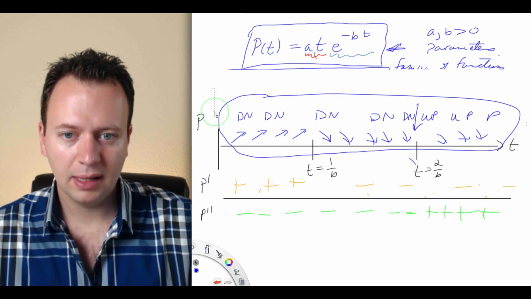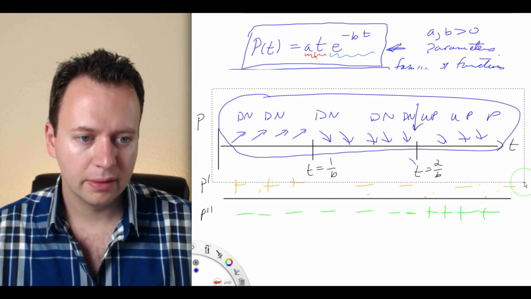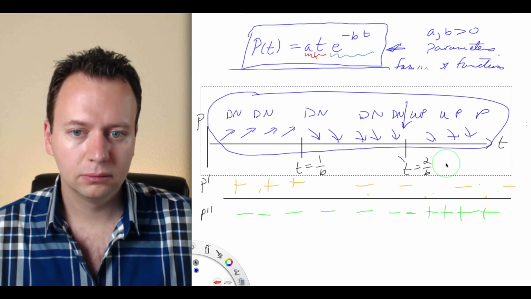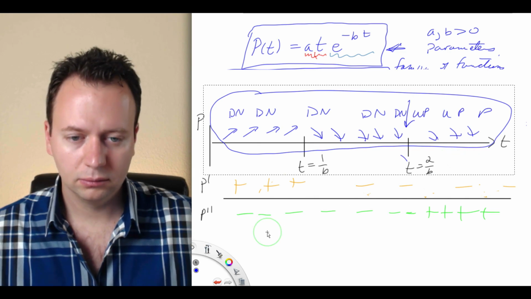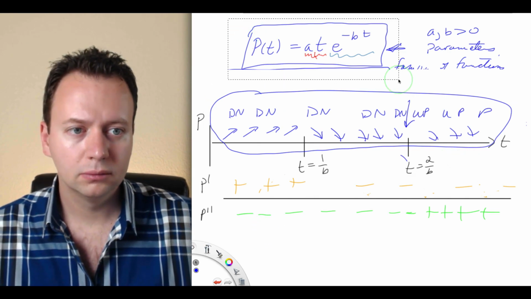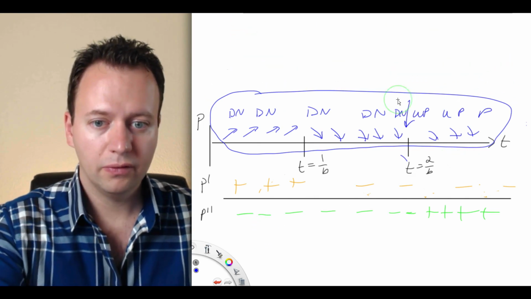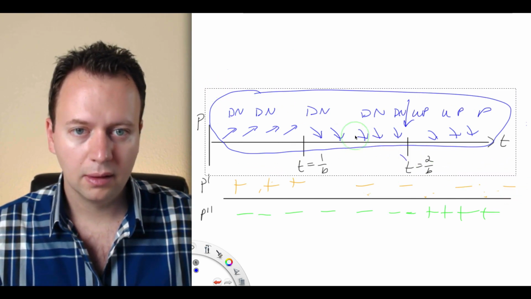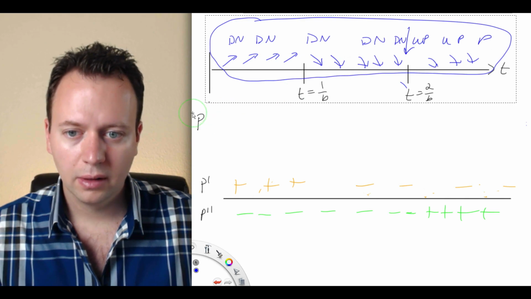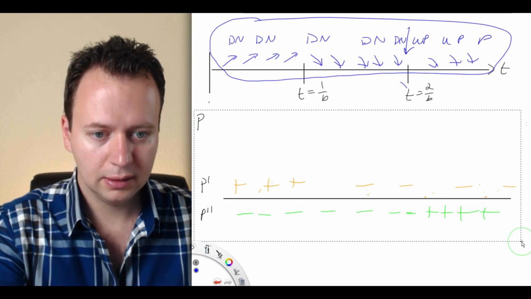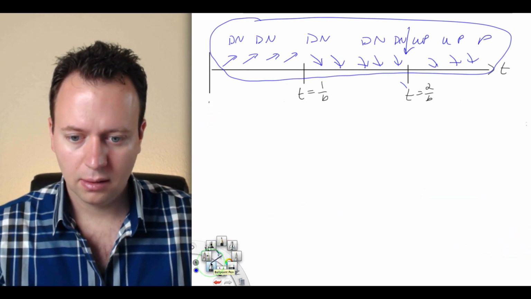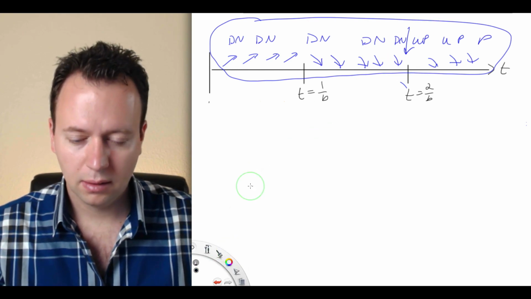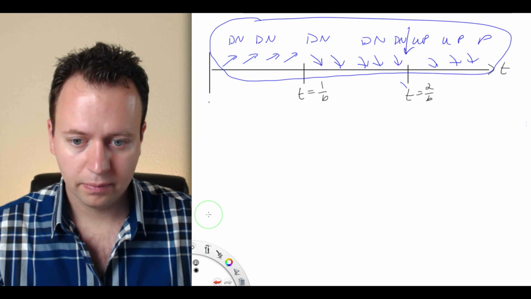So let me just select this stuff. Let's get rid of this. Okay, let's select this stuff again. Move it up here, and then get rid of all of this.